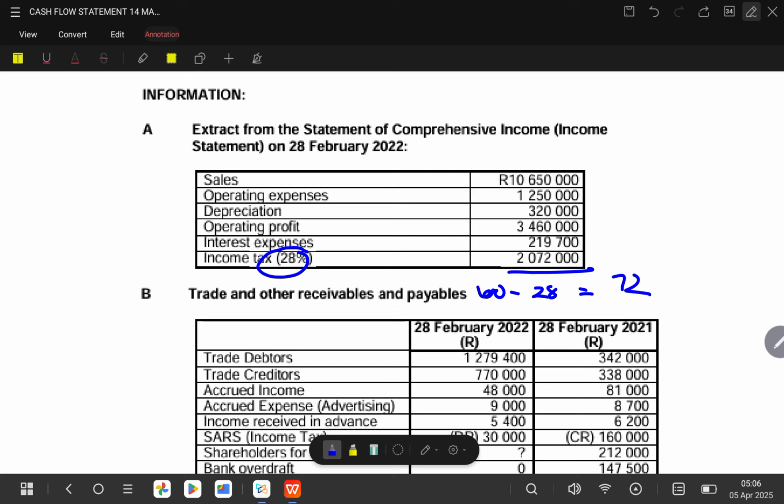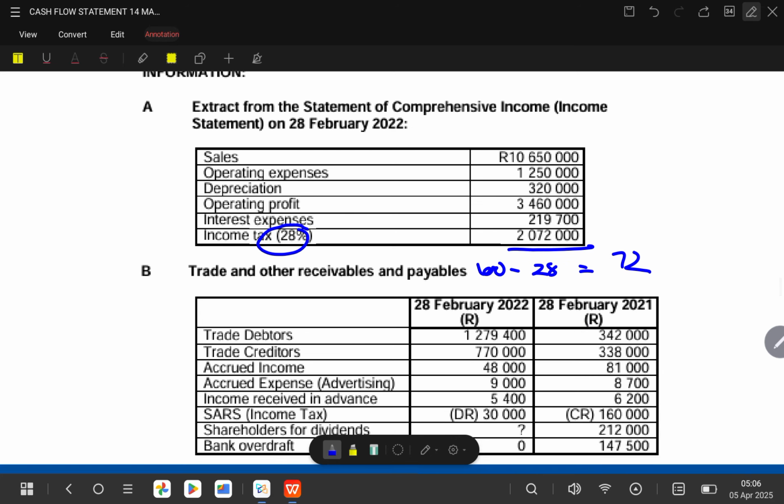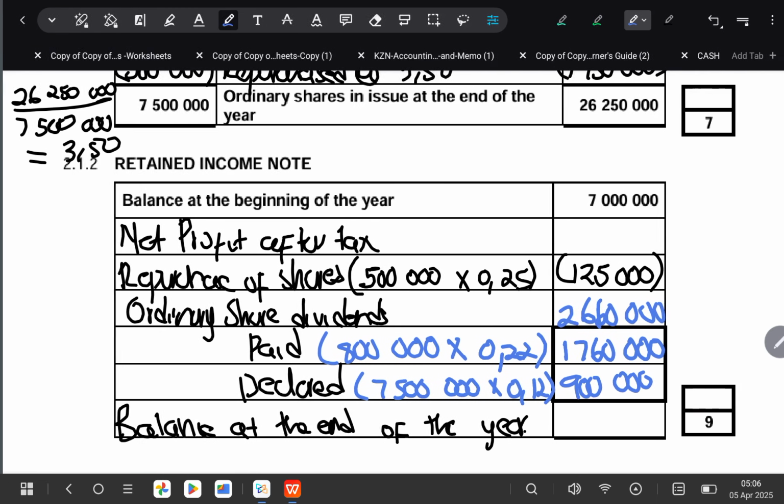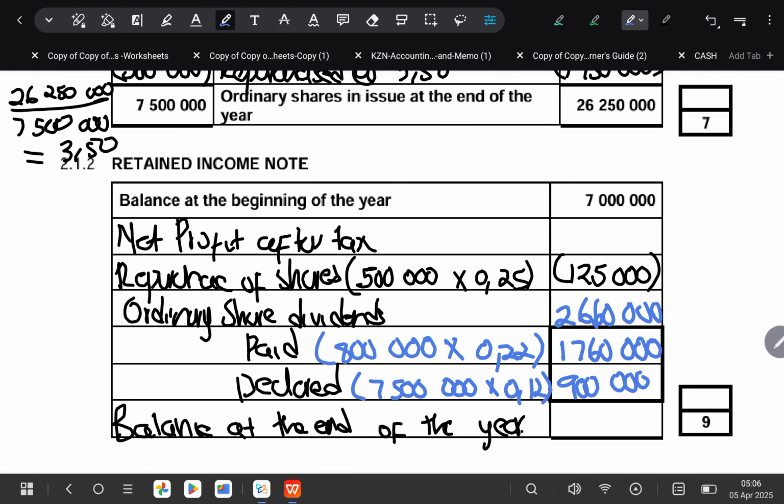If you say 100 minus 28, you're going to get 72. So to get that after-tax figure, we're going to have to use our income tax, and this is where we will apply our bottom up. So we're going to say 2,072,000 multiplied by 72 over 28. Let's see how much our net profit after tax will be.